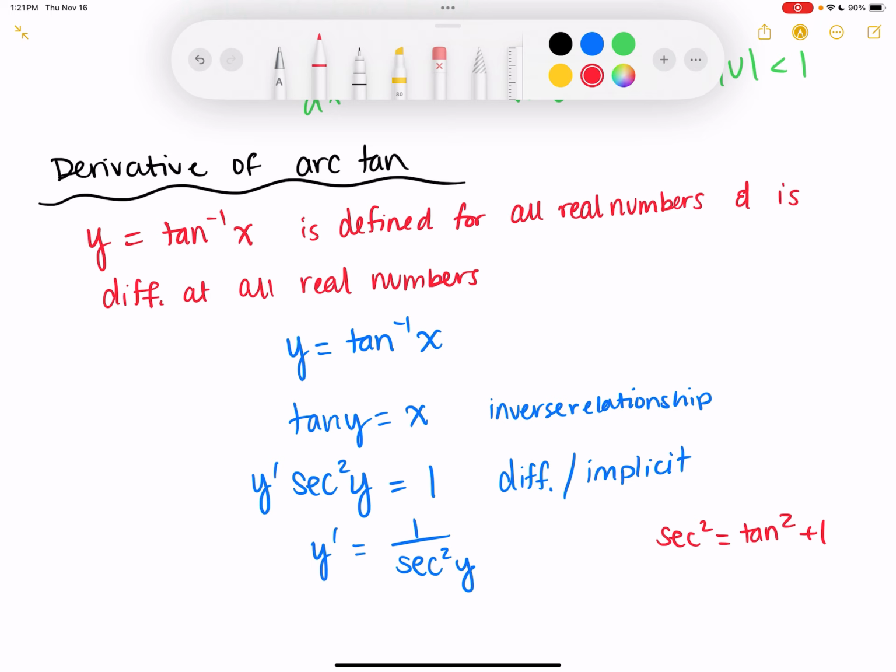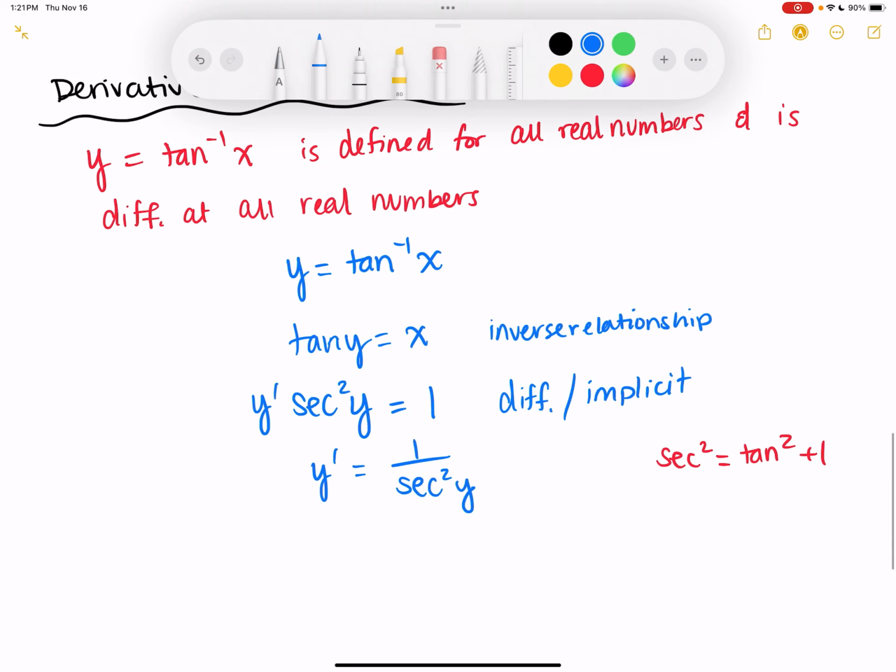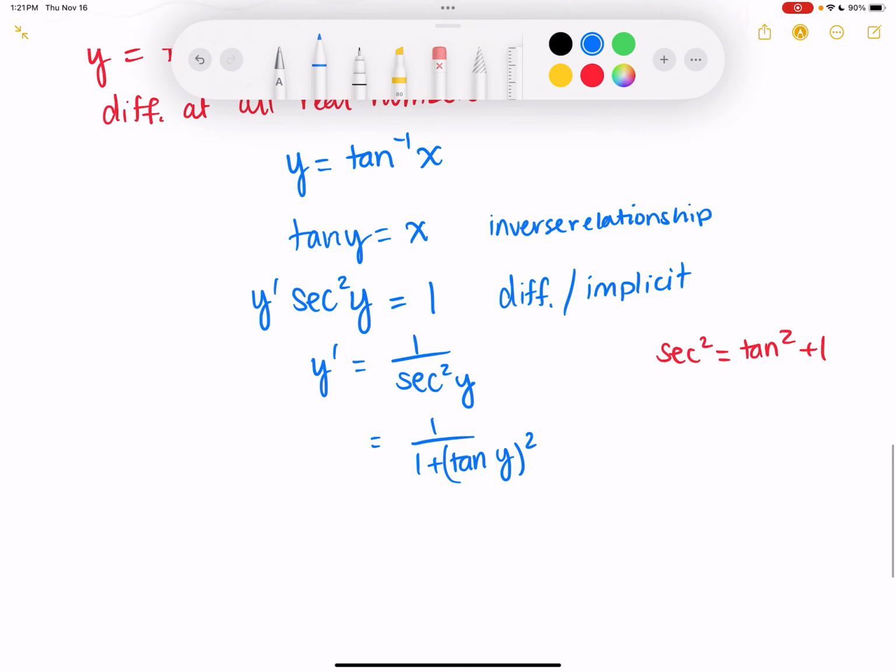So now I can replace secant squared with 1 plus tangent squared. So 1 over 1 plus tangent squared of y. Tangent of y, we said, is x, since y is arctangent of x.